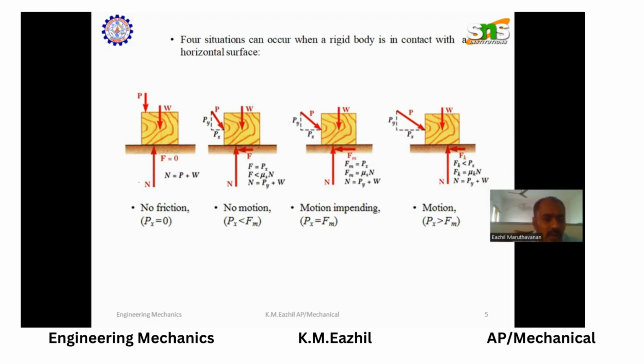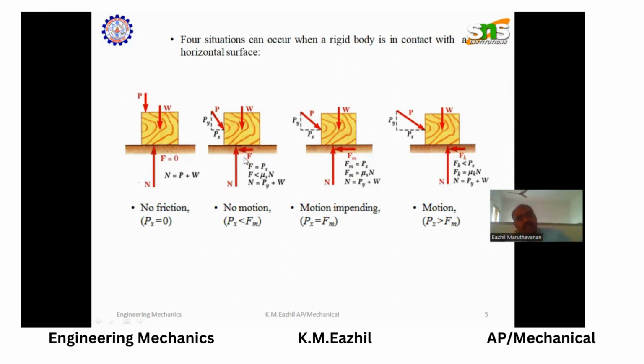Solving by considering the system in equilibrium, we get sigma Fy is equal to 0. N is in the positive direction and P and W are in the negative y direction, vertically downwards. Therefore, N is equal to P plus W. N is nothing but the normal reaction for this block. Here there is no frictional force. Therefore, Px is equal to 0.